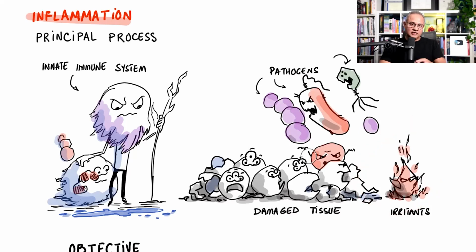In the COVID context, let's say spike proteins, or any tissue damage. And the damaged cells or worn out cells or broken cells or older cells that need to be removed, and the tissue needs to be repaired. For all of this, the principal mechanism that takes care of it is called inflammation.